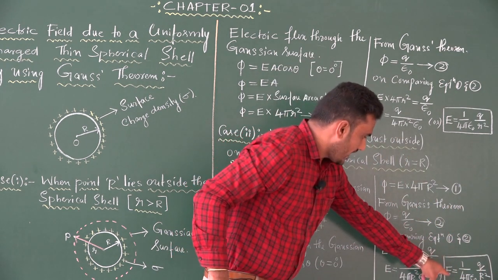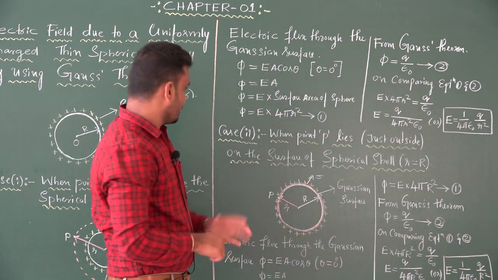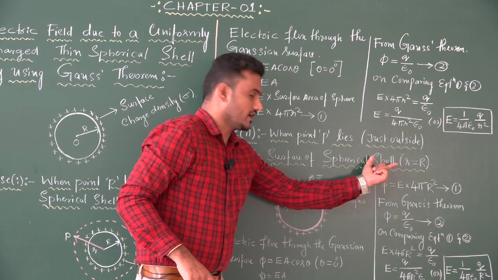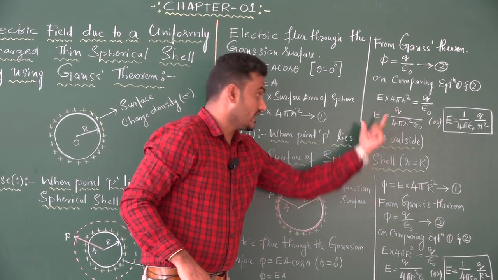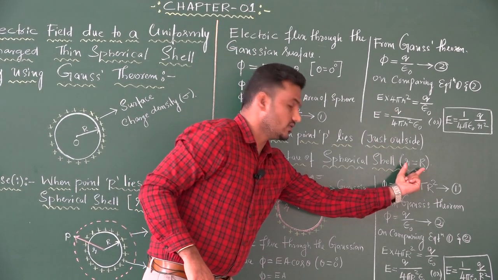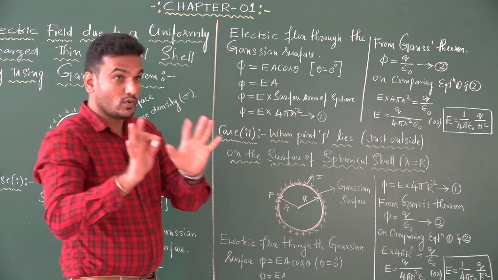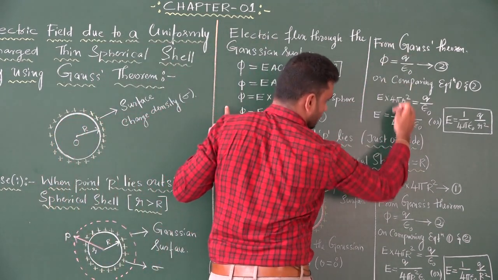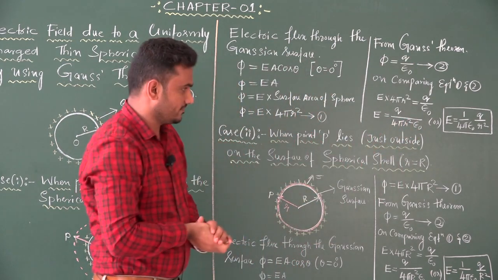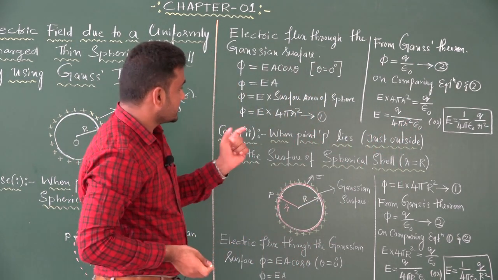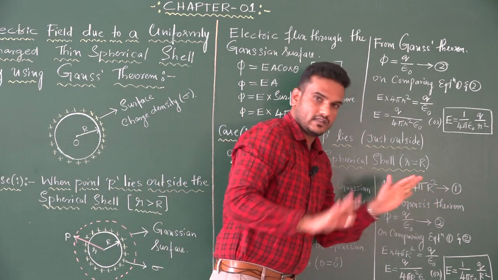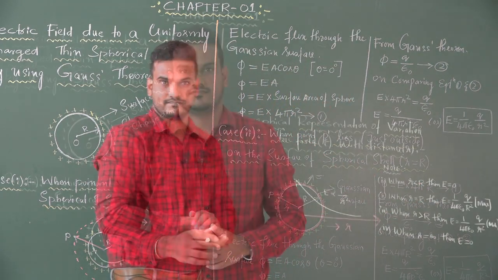So this is the magnitude of electric field when point P lies on the surface of the spherical conductor or just outside, when small letter r is equal to capital letter R. Here one thing you can notice, whatever steps I followed, the same steps we are using, but instead of small letter r I am using capital letter R, that's it, everything is the same.